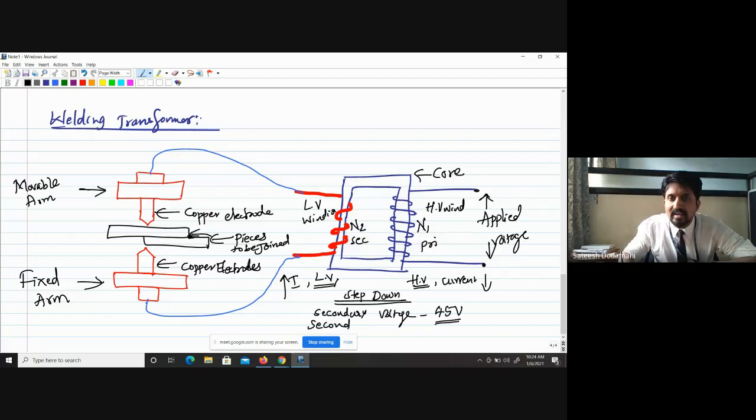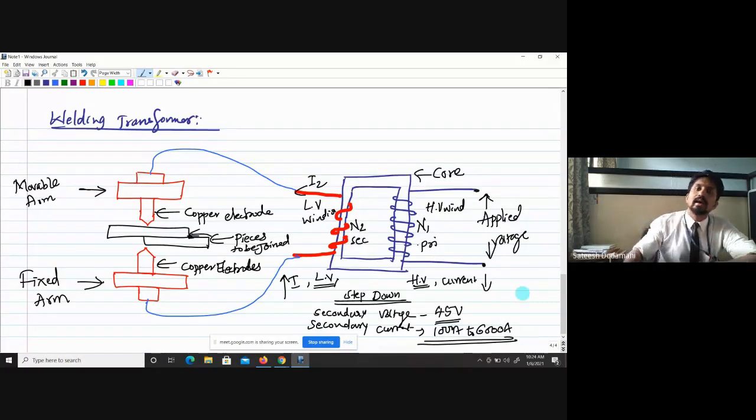But the secondary current, whatever I2 flows here, will be from 100 ampere up to 6000 ampere, based on the applications and based on the applied voltage and the number of turns you use here. So the current flowing in the secondary is a very high amount of current, as I told. That is why they are using a step down transformer.